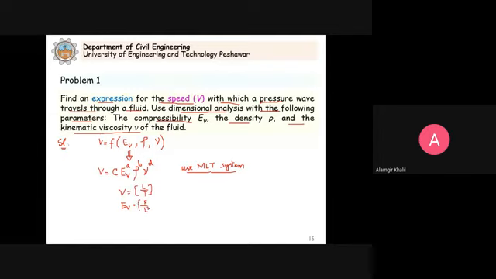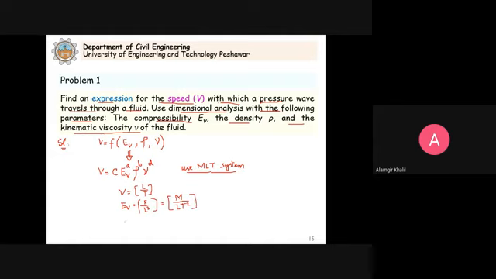Now you want to write this in the MLT system. So this will be equal to M divided by L into T square, because F is equal to MA. So it will give us these dimensions in the MLT system for E_V.